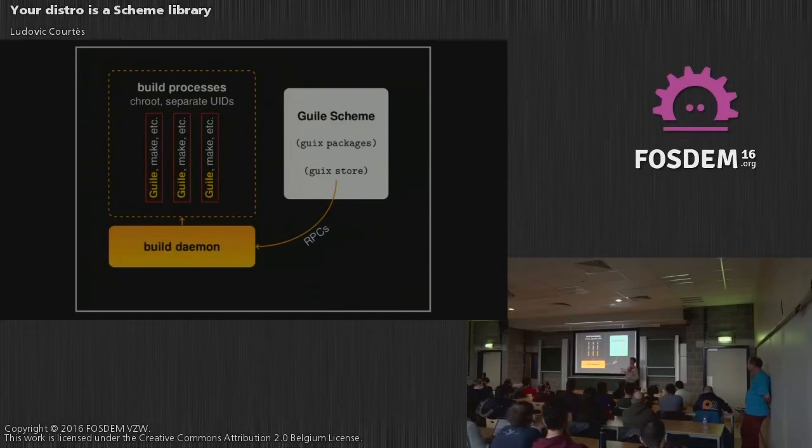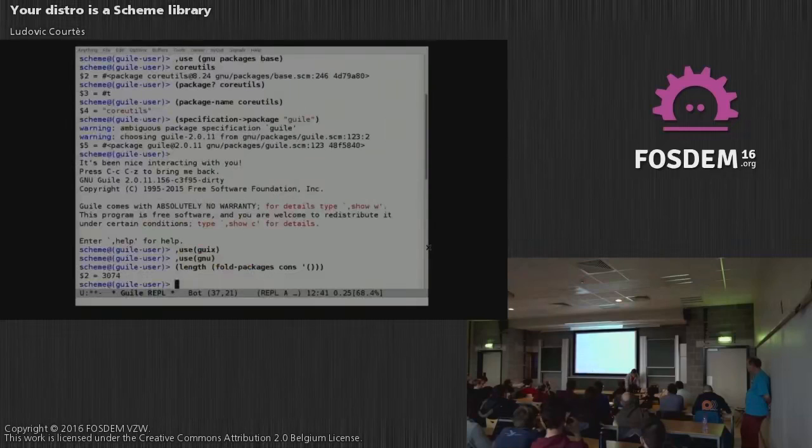So every package is built in an isolated environment, in a chroot under separate namespaces, separate UIDs, and so on. And so, yeah, that's how it works. The daemon itself runs as root, and we have our Guile thing running here. So, from Scheme, if we want to talk to the daemon, well, we first need to open a connection.